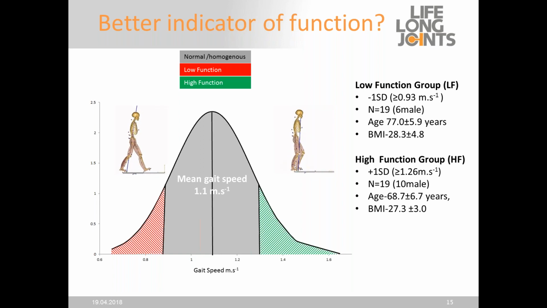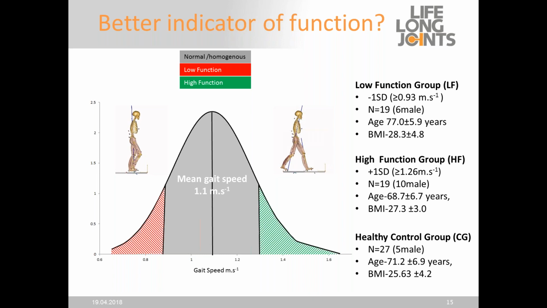This is how we defined our 3 functioning groups. We also had a number of healthy controls just for comparison. What we wanted to do was compare our age groups and our function groups to see which one was a better indicator of true function.